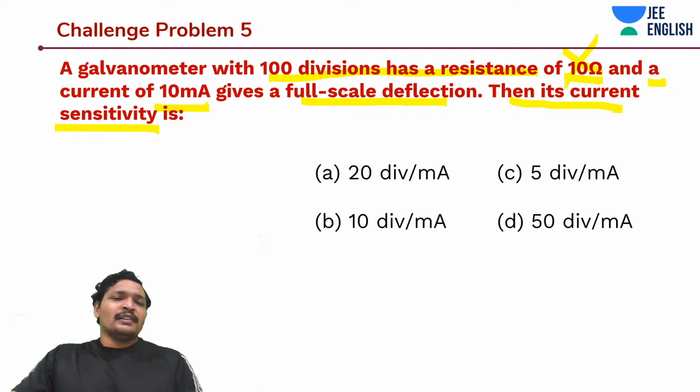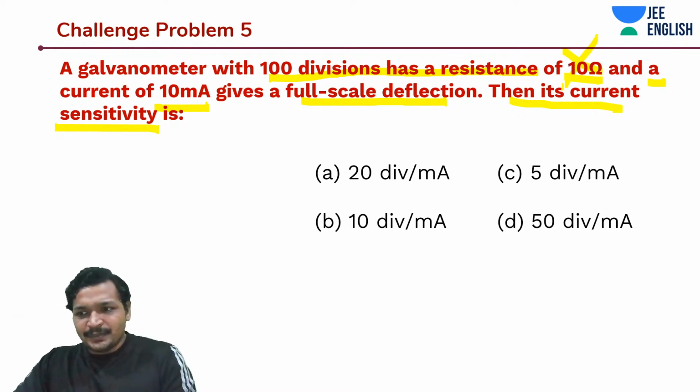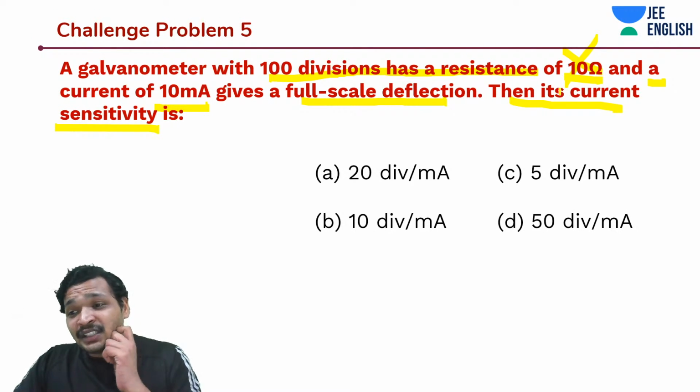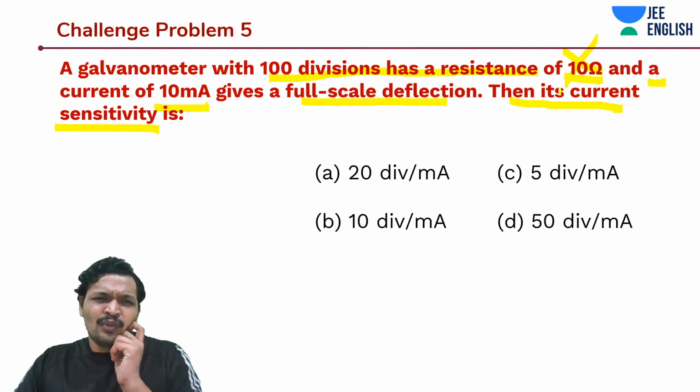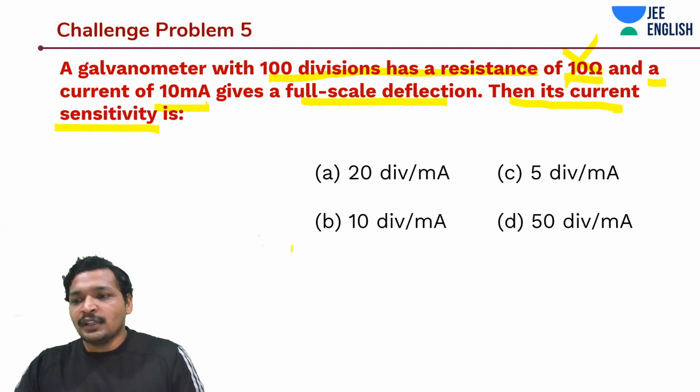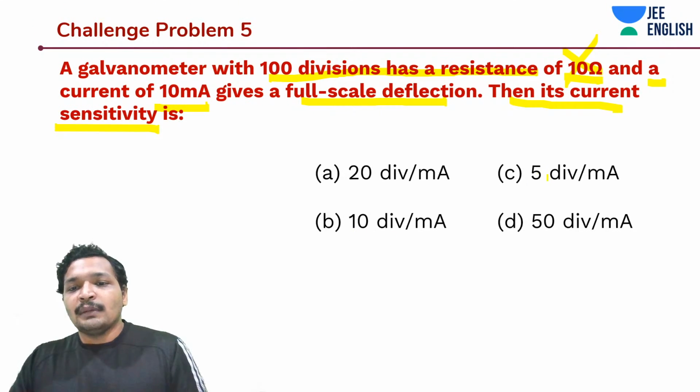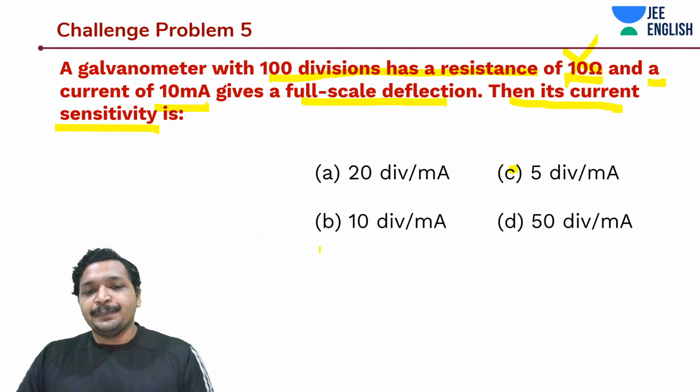This is not relevant to a calculation, right? 10 ohms. So it should be how much? Sorry, I'm noticing it wrong. Yeah, it's B.